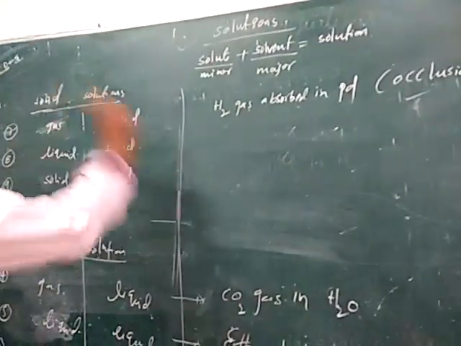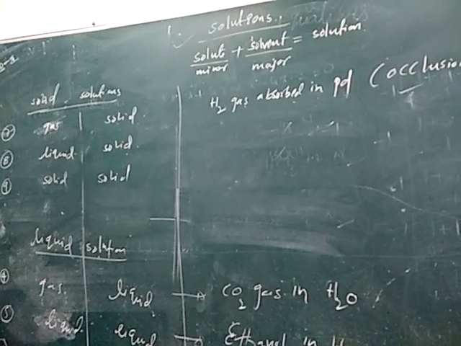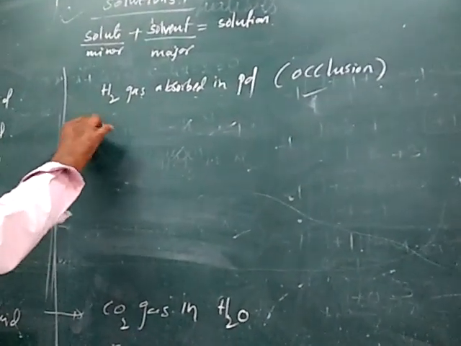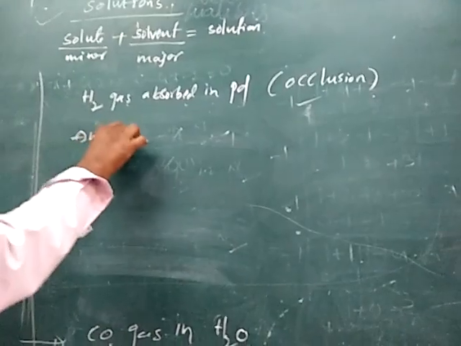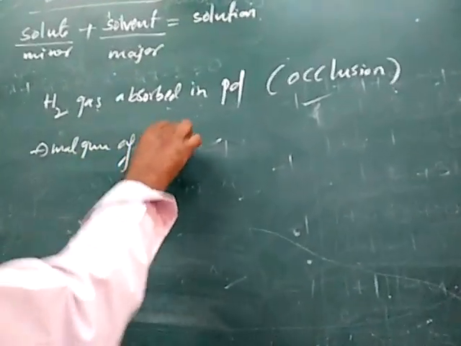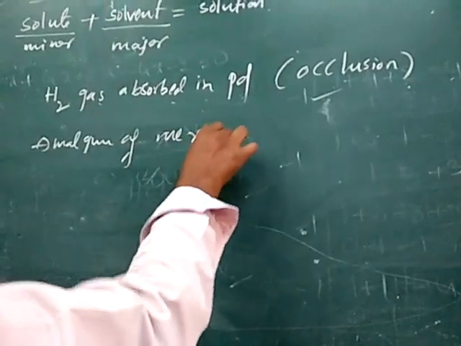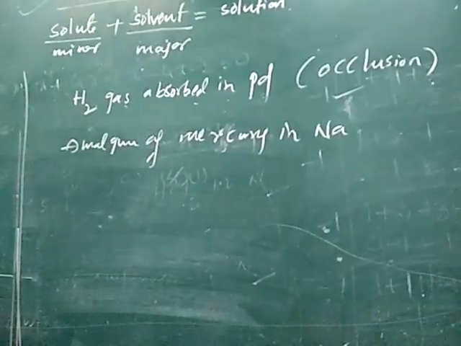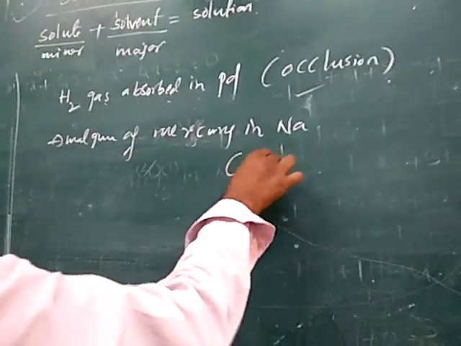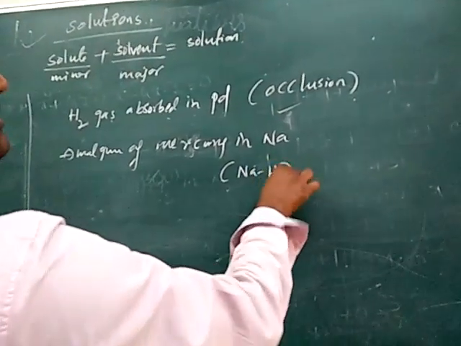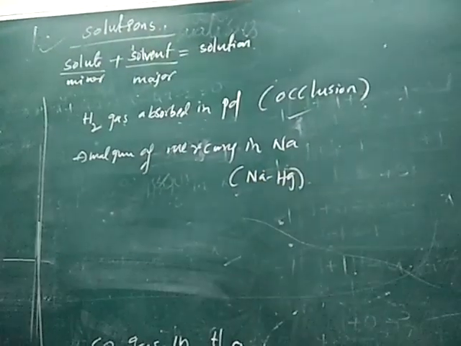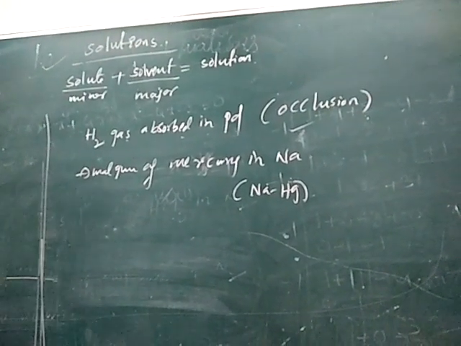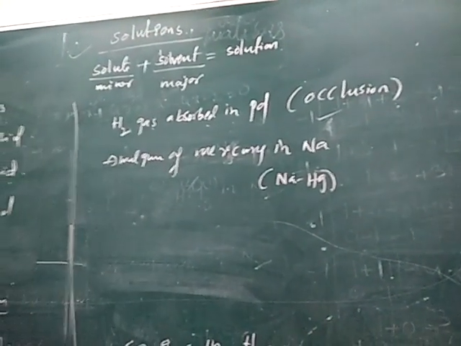Next, liquid in solid: amalgam of mercury with sodium metal, that is NaHg. Hg is the liquid here and Na is the solid, so liquid mercury is present in sodium metal.